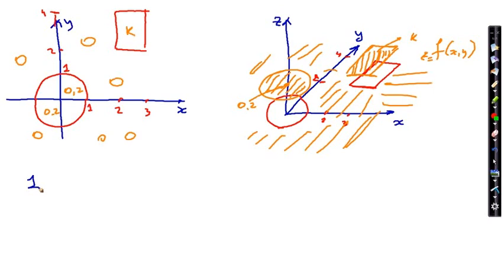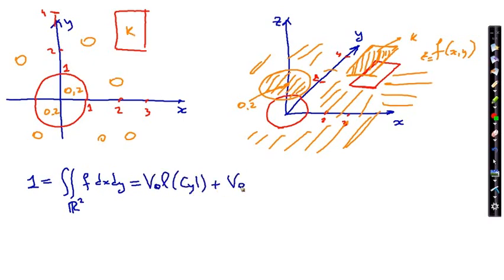So 1 is equal to the double integral over R2, the whole plane, of f dx dy. Okay, this is equal to the volume of the cylinder plus the volume of the cuboid, or parallelepiped.